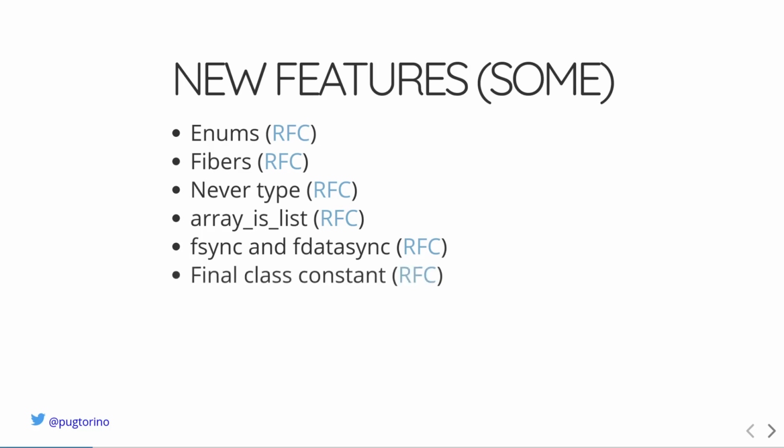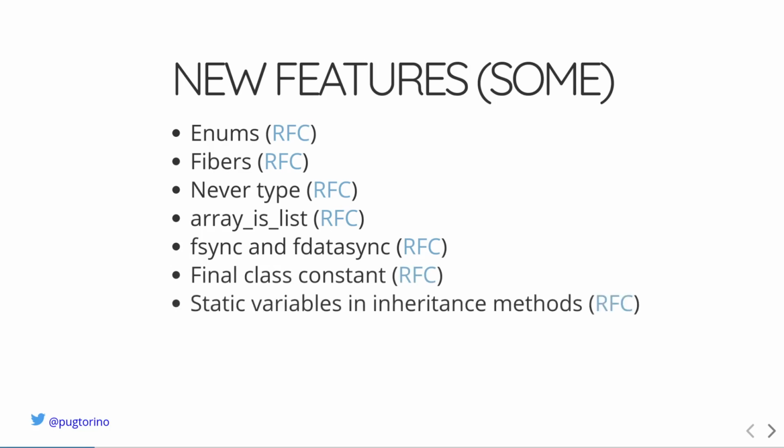And final class constants, so the ability to add final to a class constant. Static variables in inherited methods, and new in initializers. The last one is actually still under discussion, so it has not been merged in the 8.1 branch yet, but I'm pretty sure this will be inserted soon.